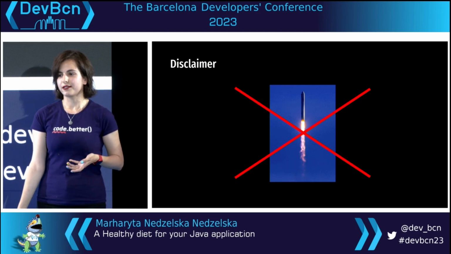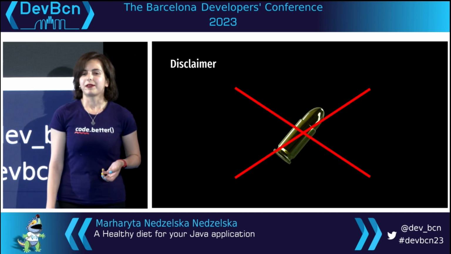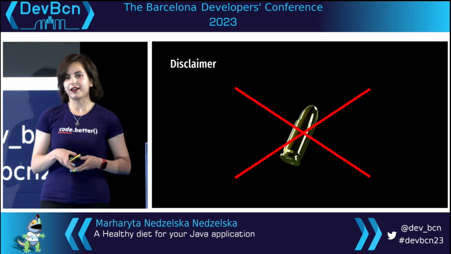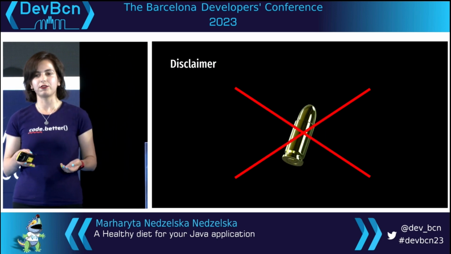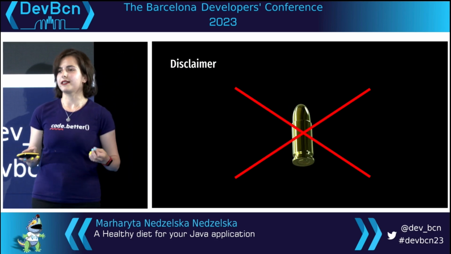And of course, there is no silver bullet, because every single problem with memory is unique, and you have to find your own solution. However, I will try to provide you some algorithms and some hints.